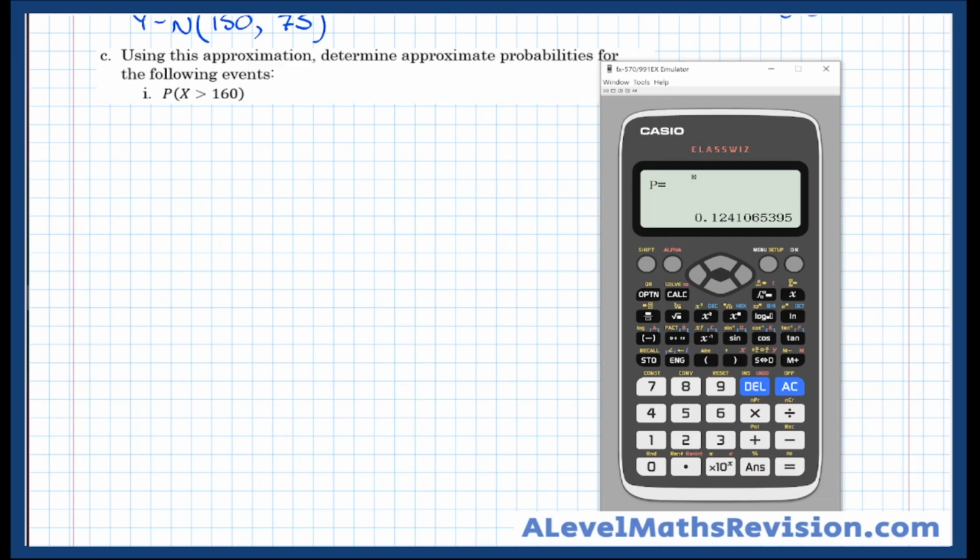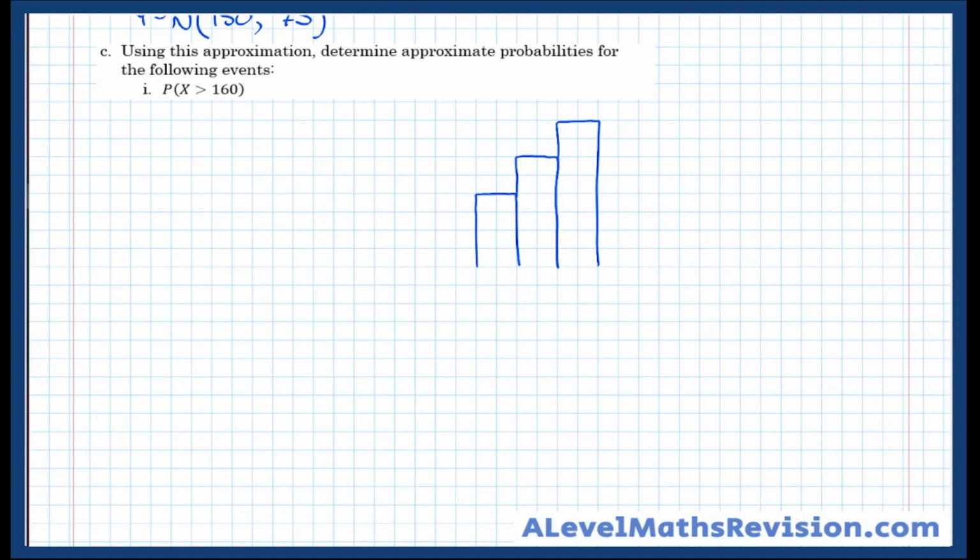And the reason we shouldn't do this, I'll show you using a diagram. So our original variable X was binomial and could only take integer values, represented by these bars here of width 1. So this bar, I'm going to say, is 159, this bar is 160, and this bar is 161.